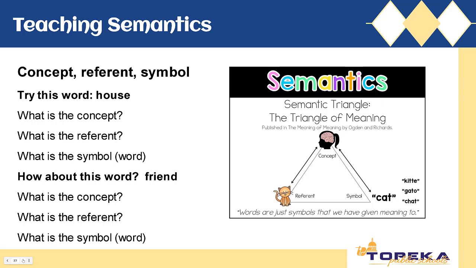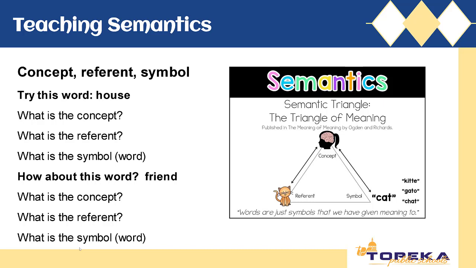So when we look at semantics, we think about what is the concept, what is the reference, and what is the symbol or word. And we know that the word varies according to person and varies according to language. We can also think of this as how semantics, orthography, and phonology all come into play. The orthography is that image that we get of the word, and the phonology is what we hear when we say that word, cat or gato, for example.